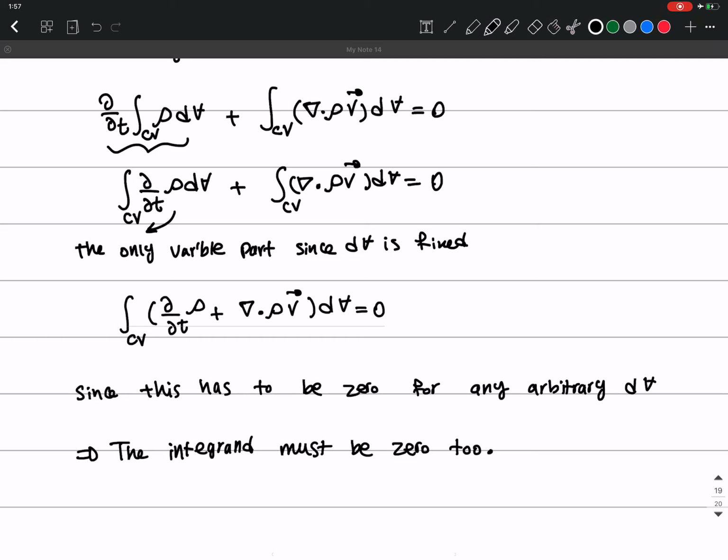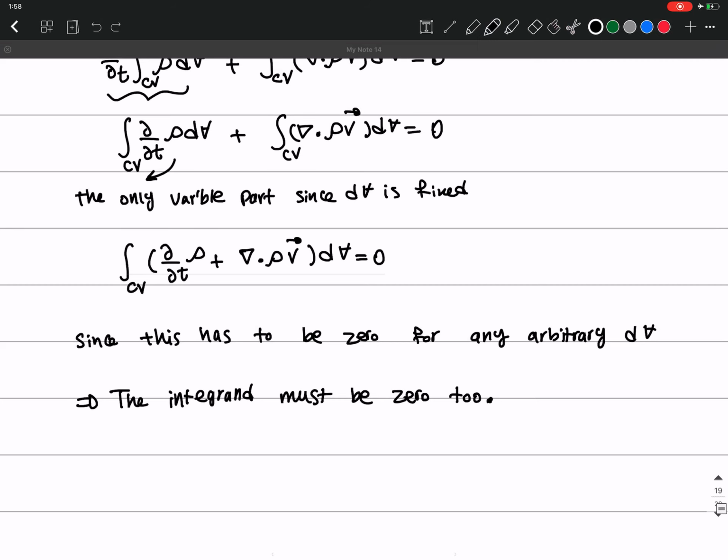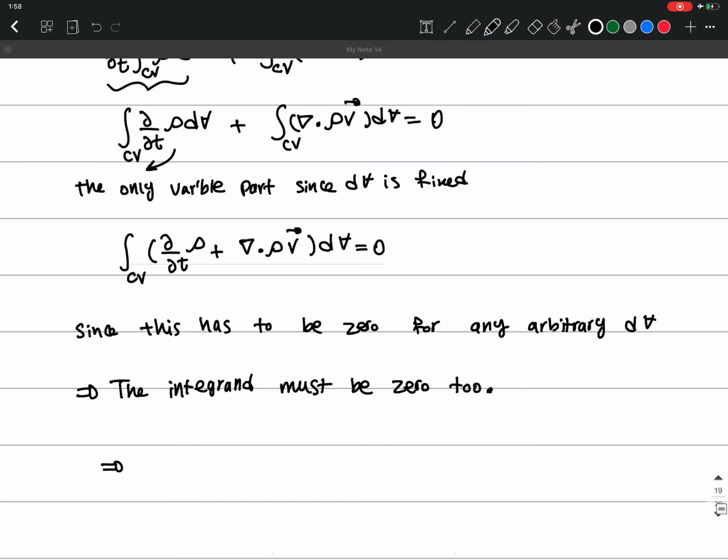Because this is true for any arbitrary control volume you take, the only way is that the integrand itself must be 0. So this means that partial over partial t of rho plus divergence of rho v equals 0.